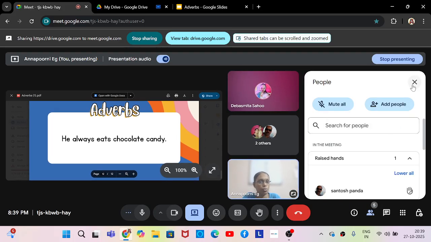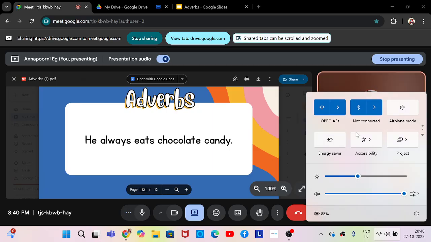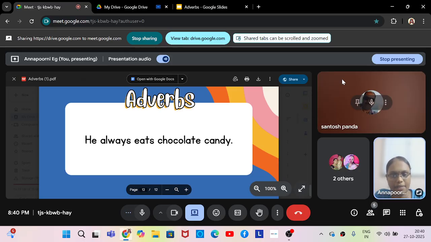Never. Very good. So if I write, he never eats chocolate candy, then the adverb will be never. Always, never, often, frequently, rarely, then barely, hardly. There are lots of adverbs.